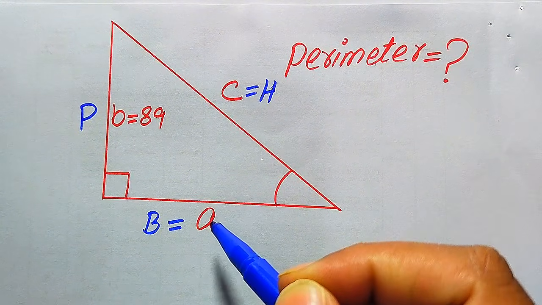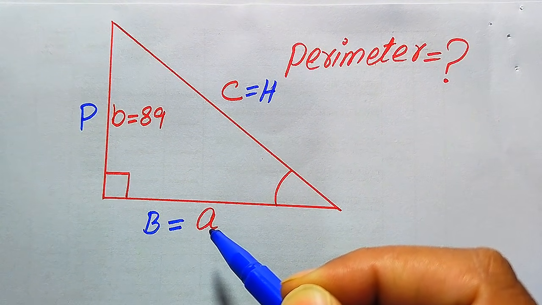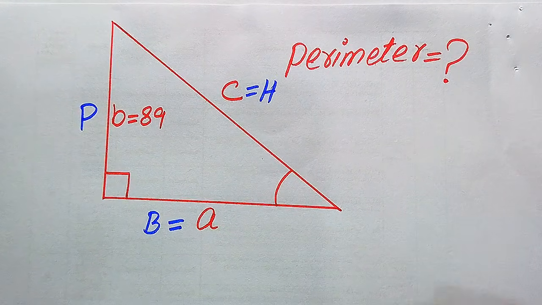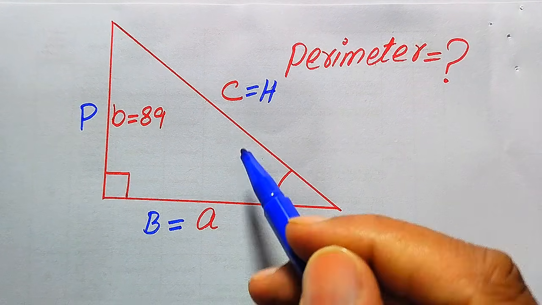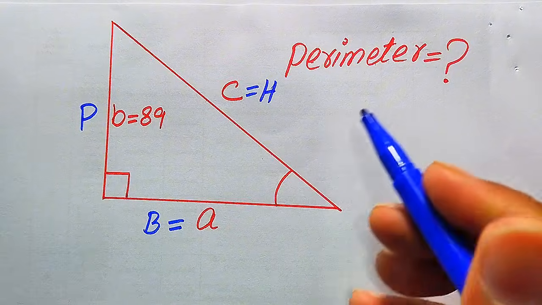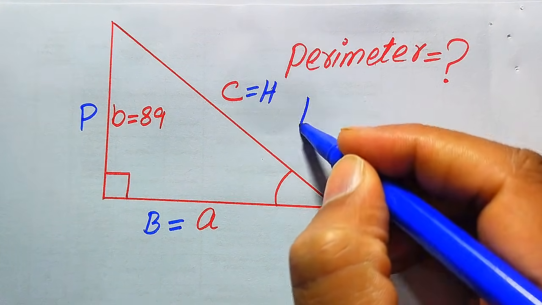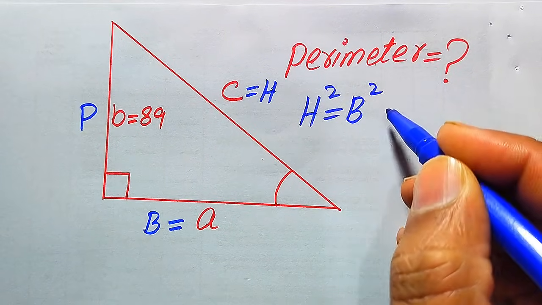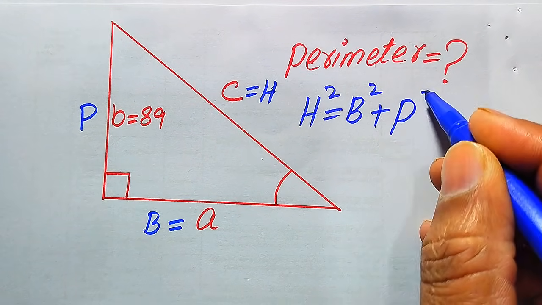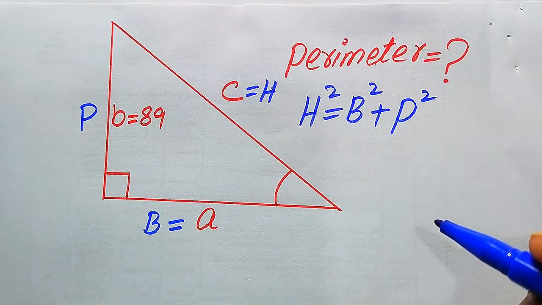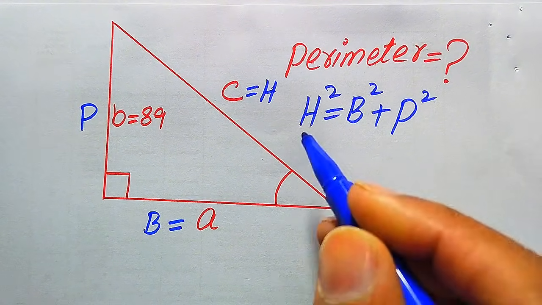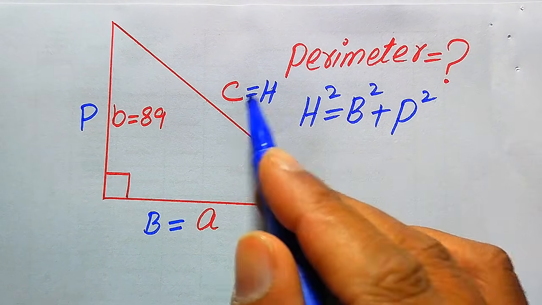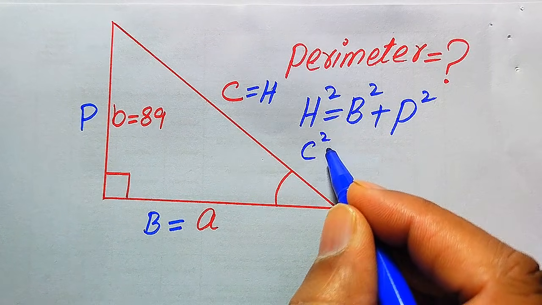First we find the values of a and c, and we can use the Pythagoras theorem to find the unknown sides. The Pythagoras theorem is stated as hypotenuse squared equals base squared plus perpendicular squared. So we substitute the value of hypotenuse, denoted by c, it becomes c squared.